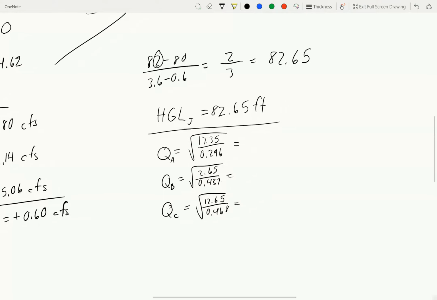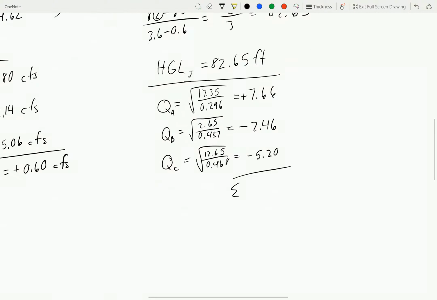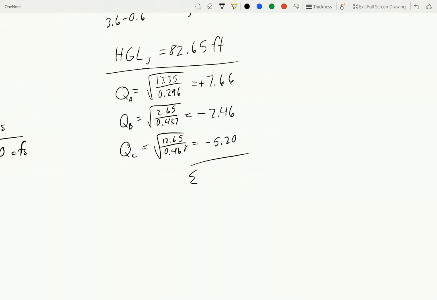The values for these, when you calculate them, is 7.66. That's positive. This is minus 2.46, and this is minus 5.20. And when we add those up, I think that's just equals 0. So this is like the perfect case. Usually you're going to get within like 0.005 or something like that, and that's good enough.